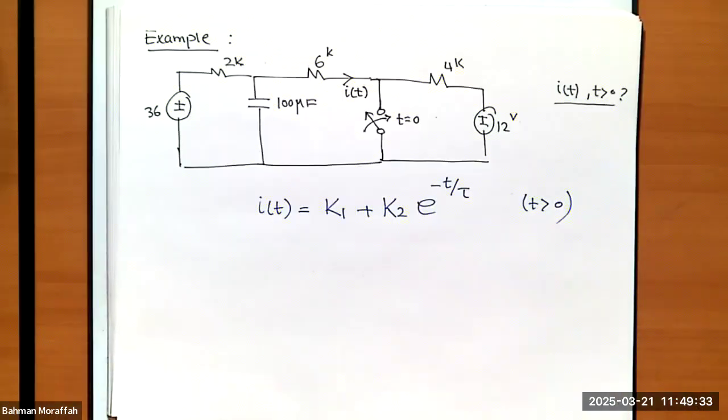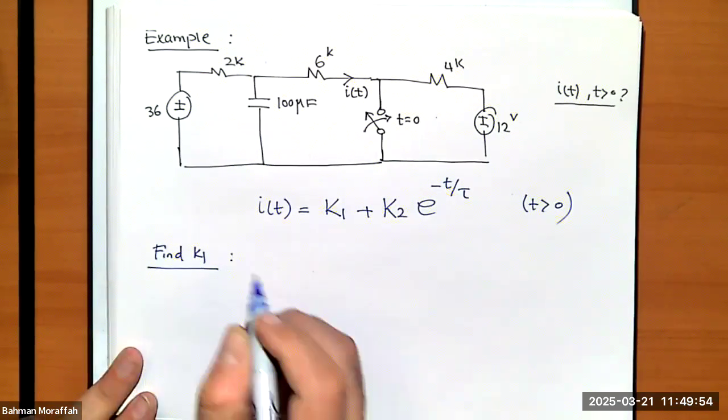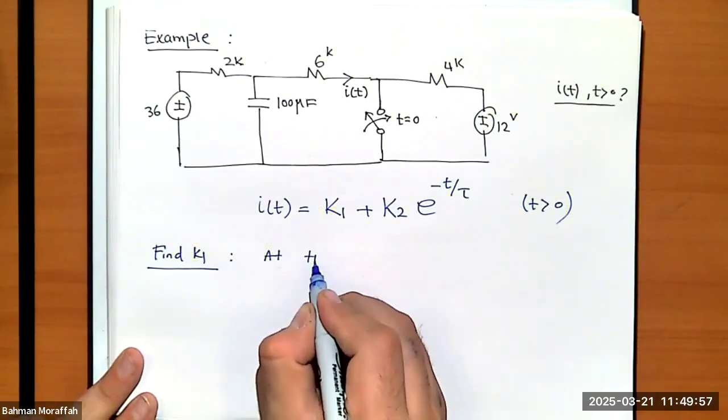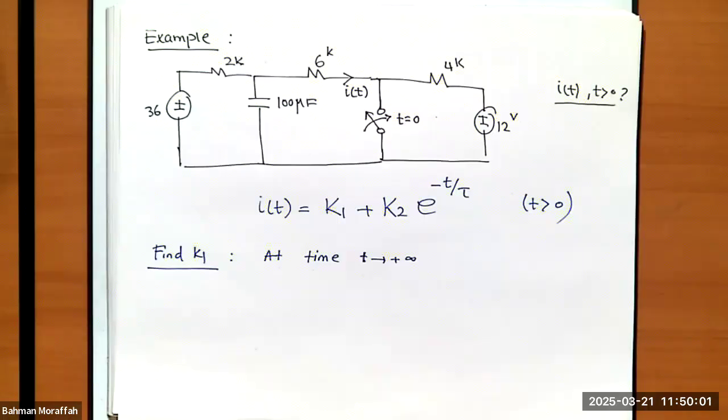Now we've got to find K1, K2, and tau. For K1, since it satisfies this equation, if I look at the circuit at time infinity, that would produce K1. So to find K1, we're going to look at the circuit as time approaches infinity. What happens at time infinity?